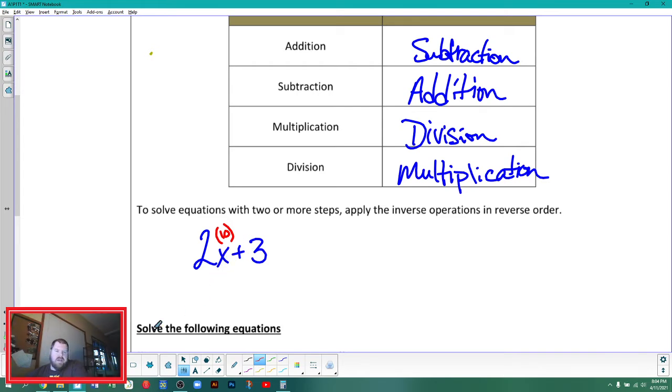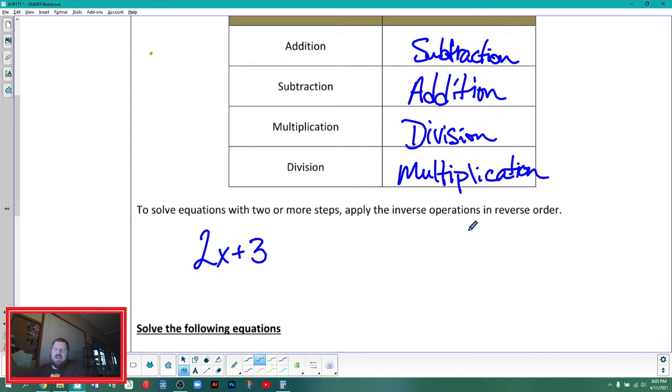I would multiply, and then I would add. So I want to undo those things in the reverse order. I want to start off by subtracting 3 on both sides, and then I'm going to divide by 2. And the way that I look at that is I ask myself, okay, what's happening to x?